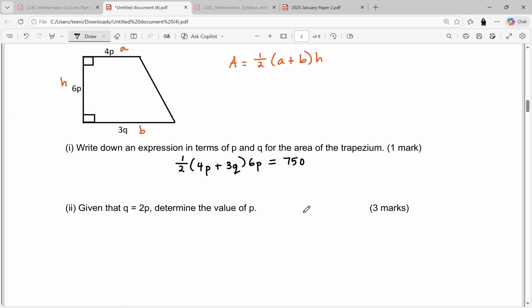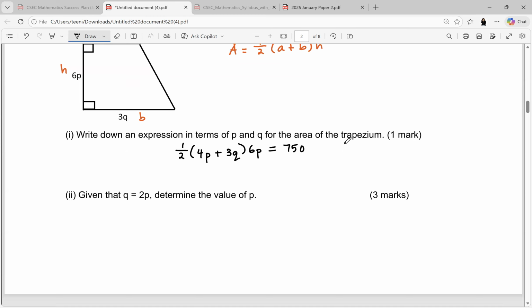Okay. Then the next part of the question, which is 3 marks, says given that q is equal to 2p, determine the value of p. So if q is equal to 2p, we need to replace q with 2p everywhere we have q in this formula here, right? So let's go.